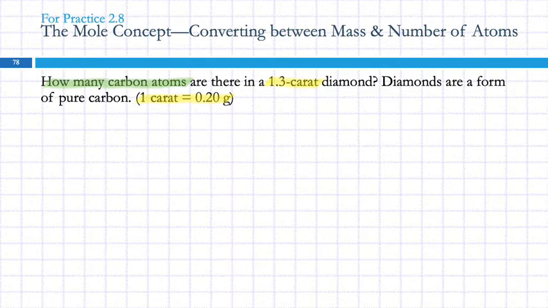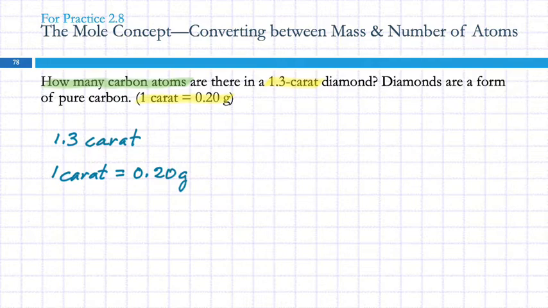So I have two things given to me: 1.3 carats, and 1 carat equals 0.20 grams. Which one of those cannot be used as a conversion factor? This one, right? That's just a unit.